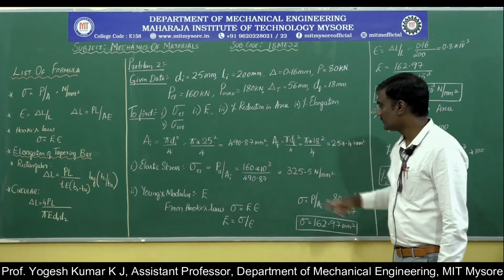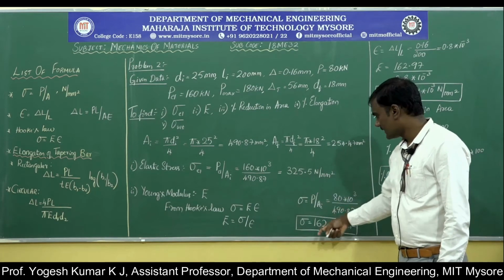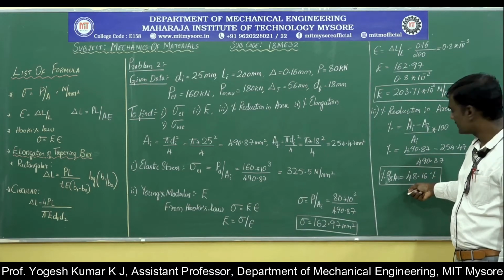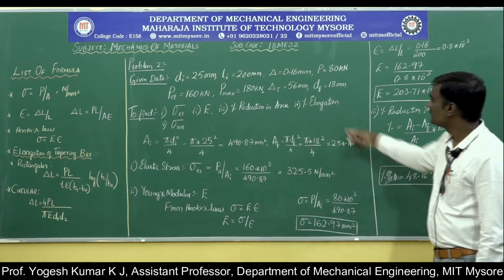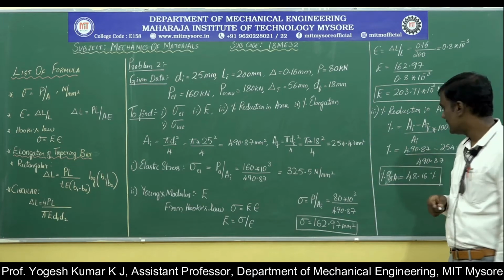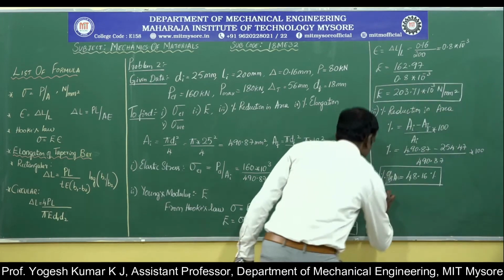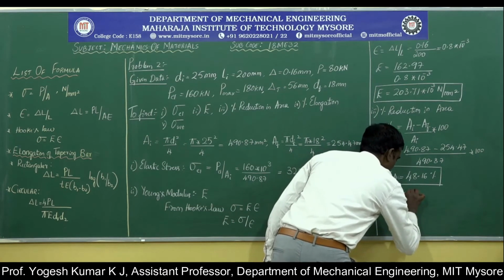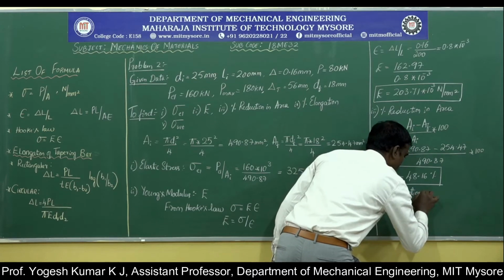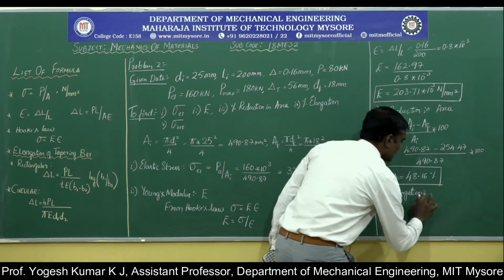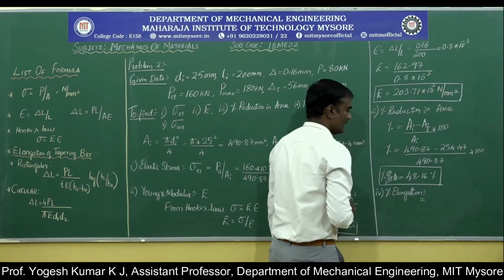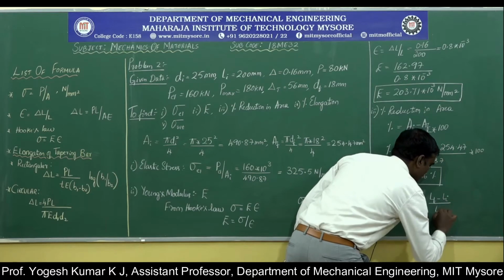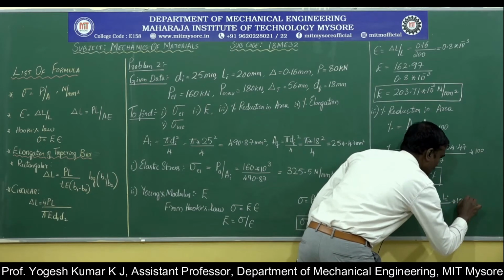So, we have found stress at elastic limit, Young's modulus and percentage reduction in cross sectional area. Now, let us move on to determine the percentage elongation. The percentage elongation is given by final length minus initial length divided by initial length into 100.